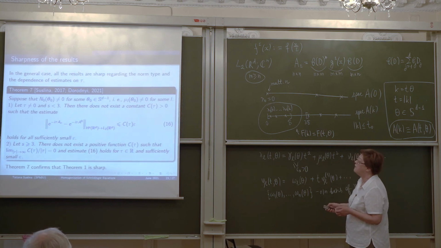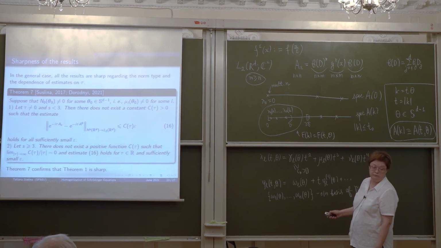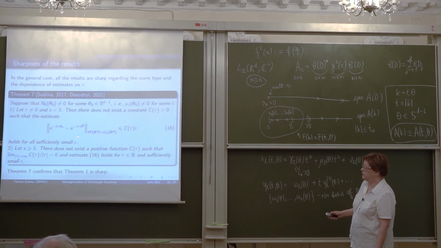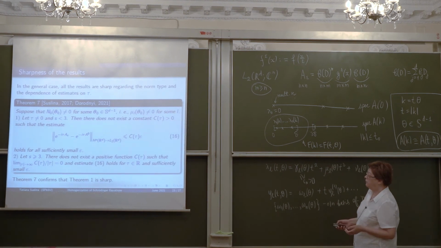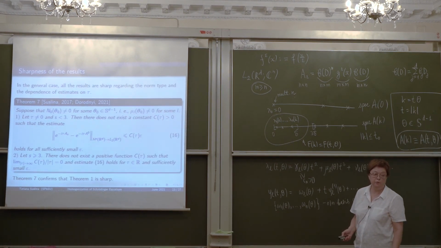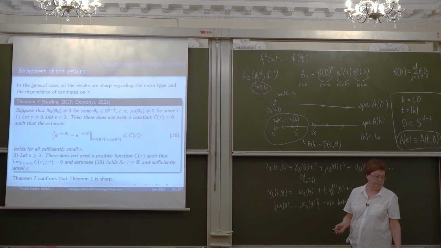Then this estimate is not true if we take S less than 3. It doesn't hold. It means that the result of theorem 1 cannot be improved in this case with respect to the norm type.